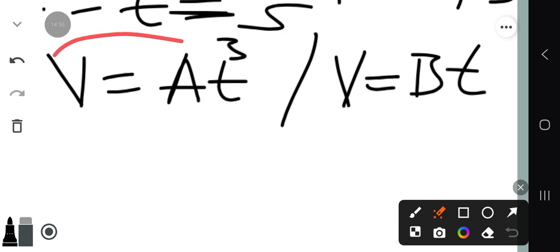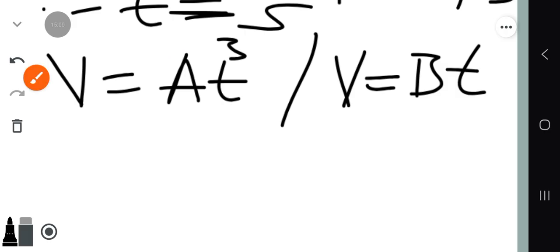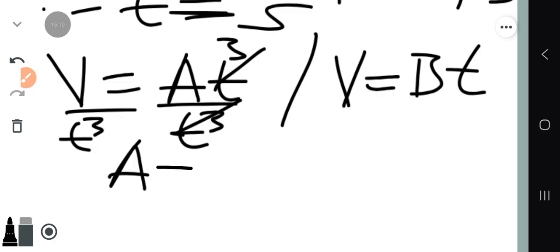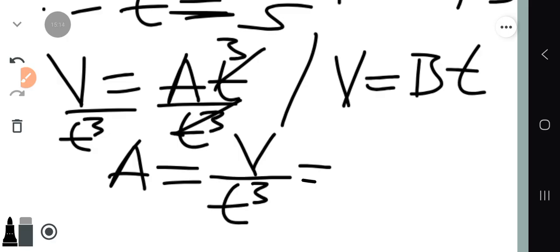So let's first move on. Let's start with this one. We are going to make A the subject of the formula from here. So we are going to divide by T cubed, also here by T cubed, all right? Then we say A equals V over T cubed. Now, in terms of dimension, what is the dimension of V? Meters per second.